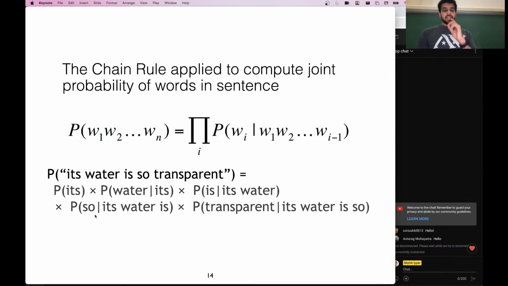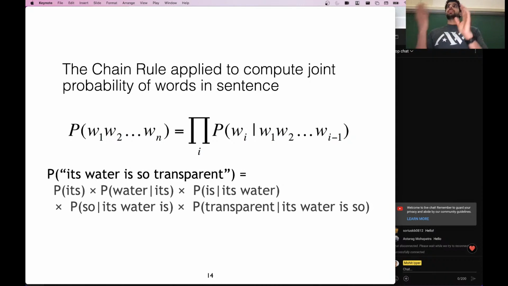So how might we similarly compute the probability of "water" given "its", using the same method that you described, where we're just counting words in a piece of text? What might be the best way to do this? Exactly. So I can first count up all the times that "its" occurs, and then look at all the times that "water" follows "its", right?